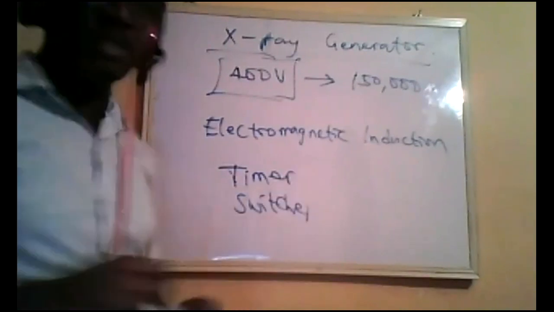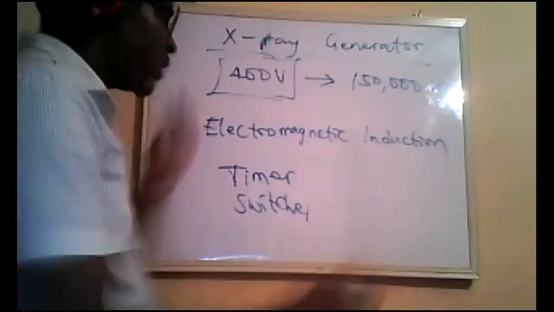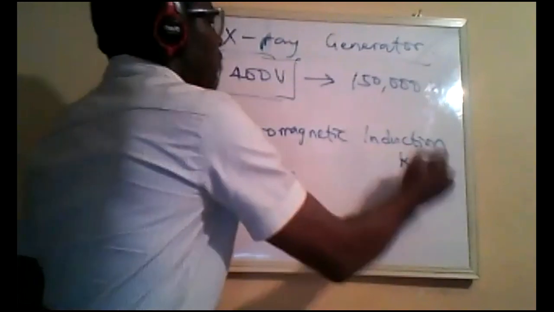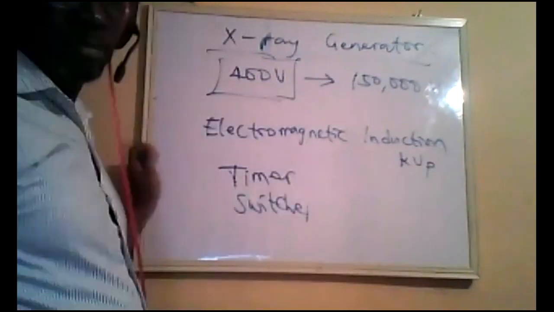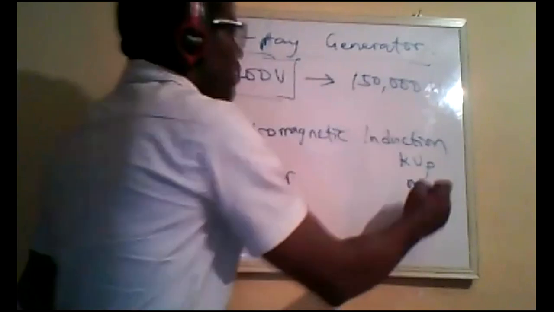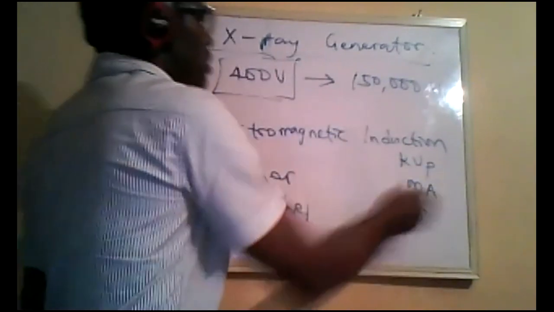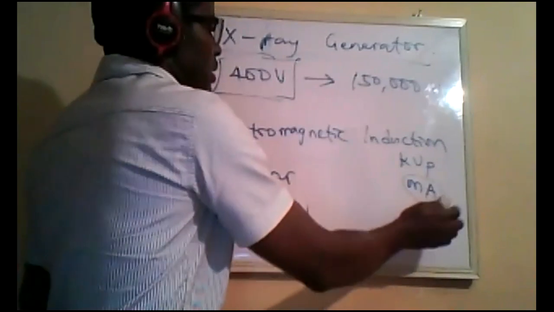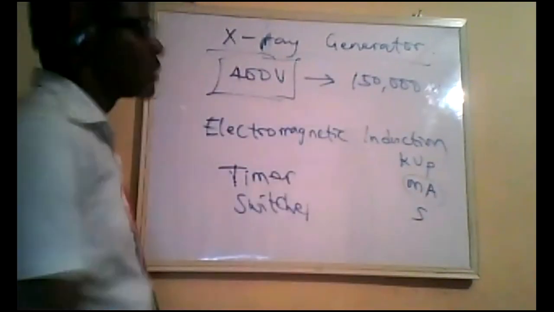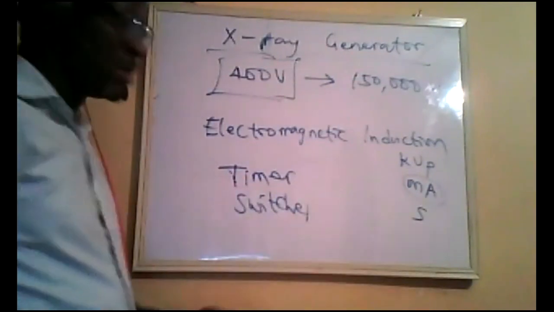Assuming you want to image a patient, you can set the selectable parameters: the kVp, the peak kilovoltage, which defines the energy. You can have the mA, the milliampere, that's the current. You use mA because the current is used mostly in milliamperes. And the S is the exposure time.